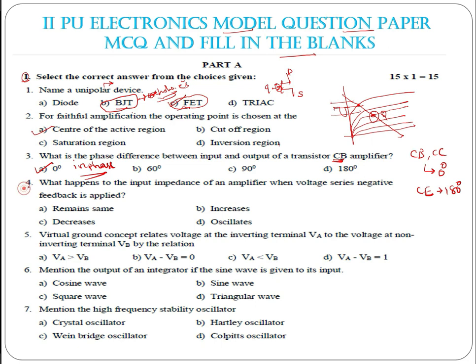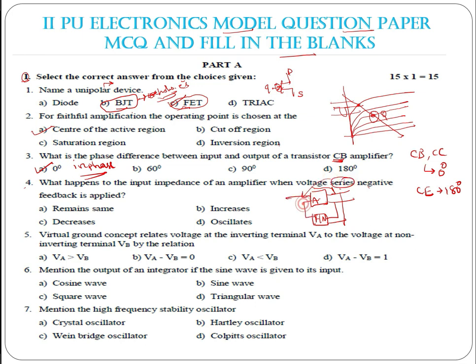Next, the fourth question. What happens to the input impedance of an amplifier when voltage series negative feedback is applied? See, a simple way to remember: this is an amplifier, this is the feedback network. Voltage means I am tapping here, in parallel. Voltage, first word is for output, second word is for input.